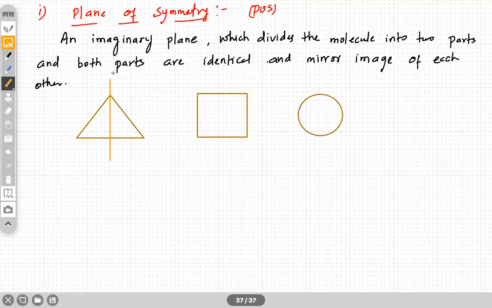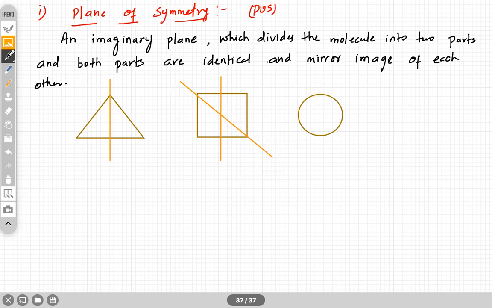Because if you cut the molecule like this, it will be into two equal halves. One half is this, another half is this. Here also we can have a plane of symmetry like this. You can also think of another plane of symmetry which passes diagonally. This is another plane of symmetry we have, and like this in a circle, we can have so many planes of symmetry which pass through the center.